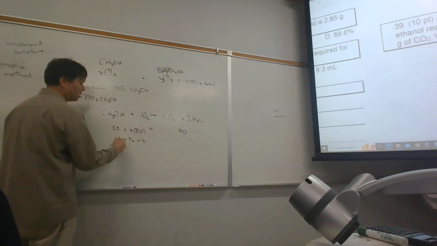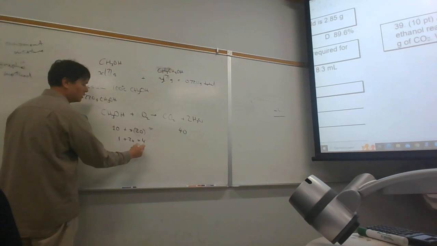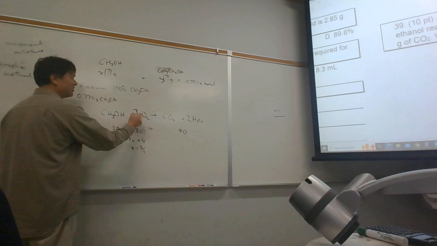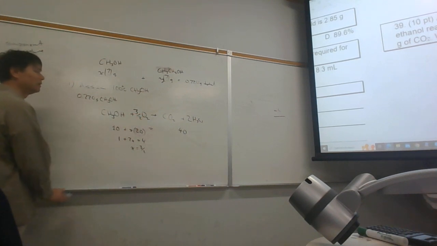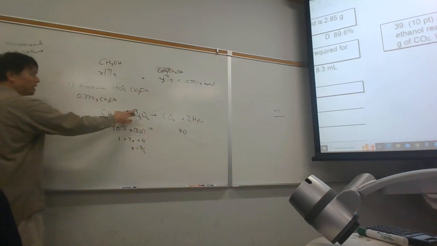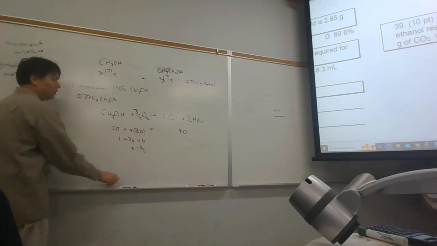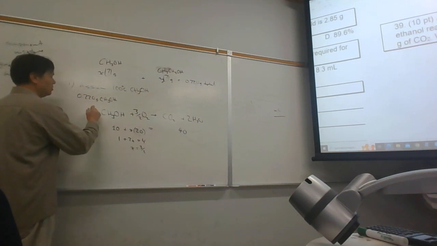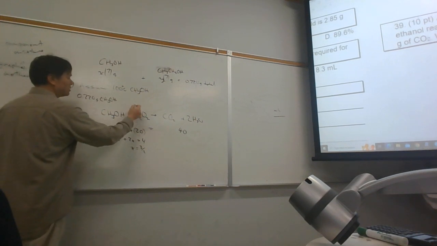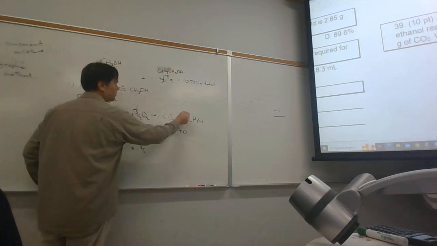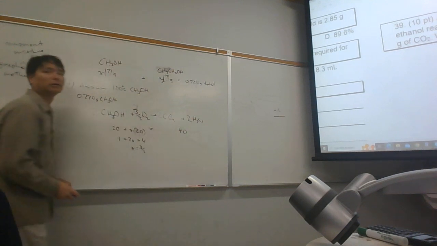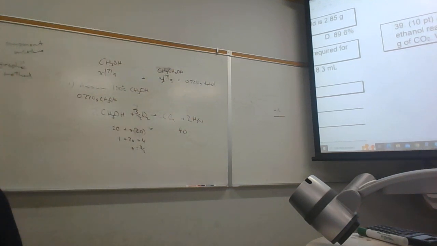Okay, minus 1 gives me 3, and then divide by 2. X is 3 halves. Then I don't want fractions because dealing with fractions in stoichiometry is a hassle. So I'm going to multiply everything by 2. And so I'm going to get 2 CH3OH plus 3 O2 yields 2 CO2 plus 4 H2O. That's my balanced chemical equation. Then I check it.